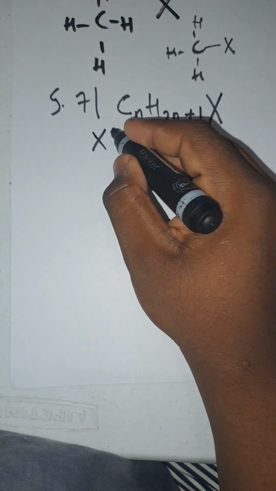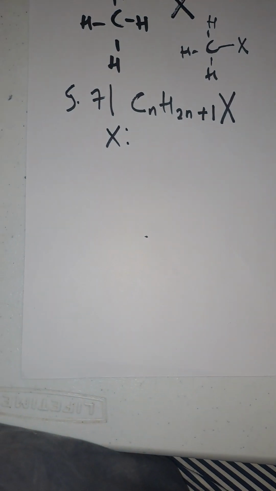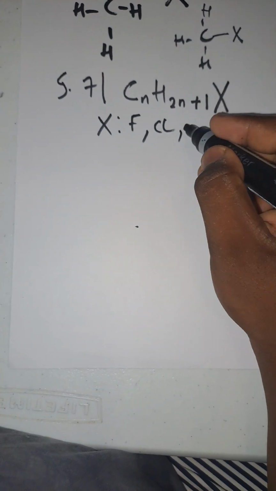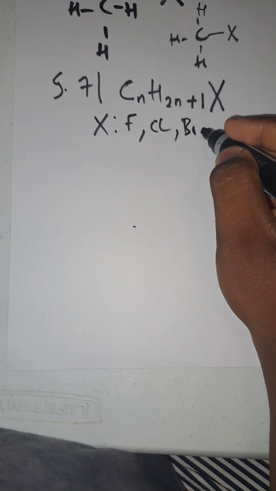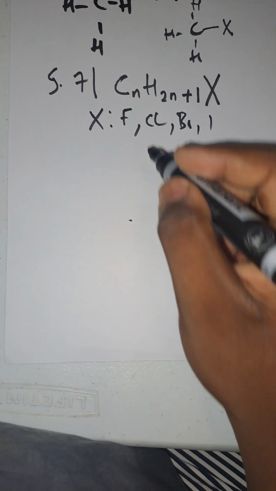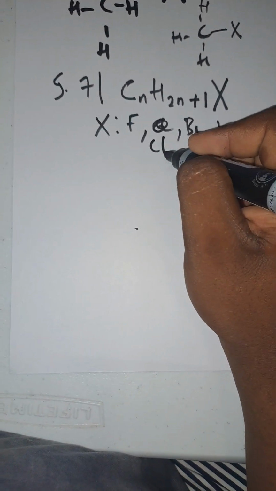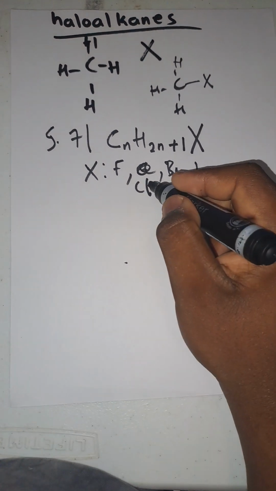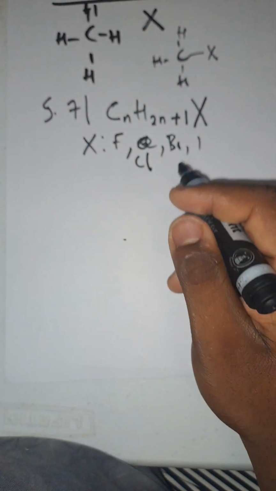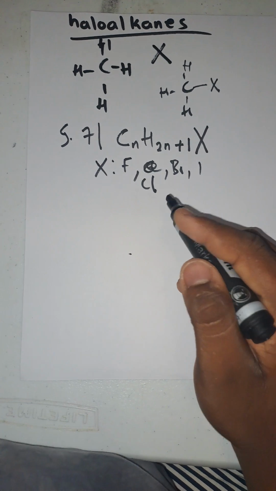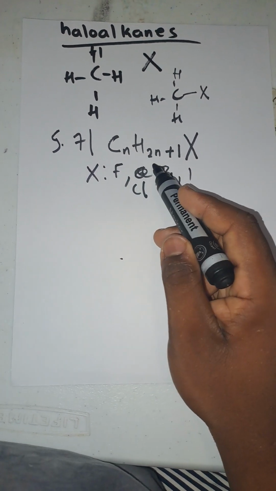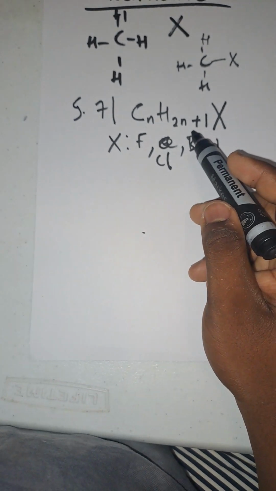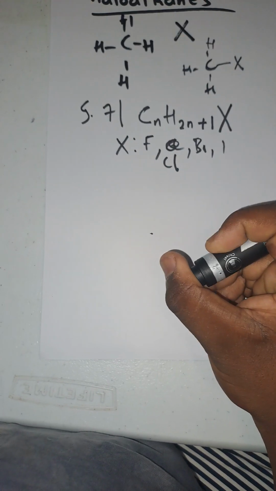The possible halogen atoms that we may find in organic chemistry are fluorine, chlorine, bromine and iodine. Cl is usually written like this, so please try to do it in that way. These are the halogen atoms that I'm talking about. So in this case, it is CnH2n+1X. Can you see it?